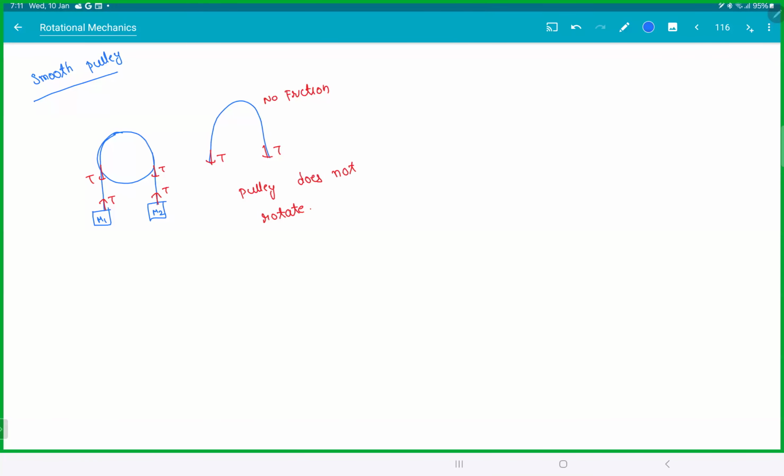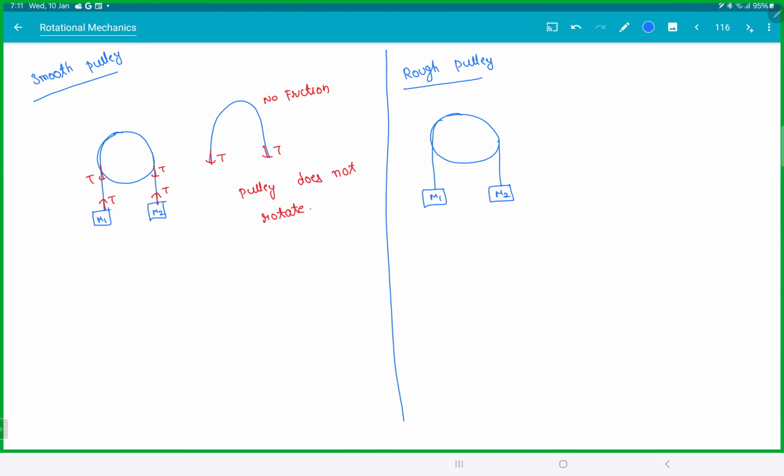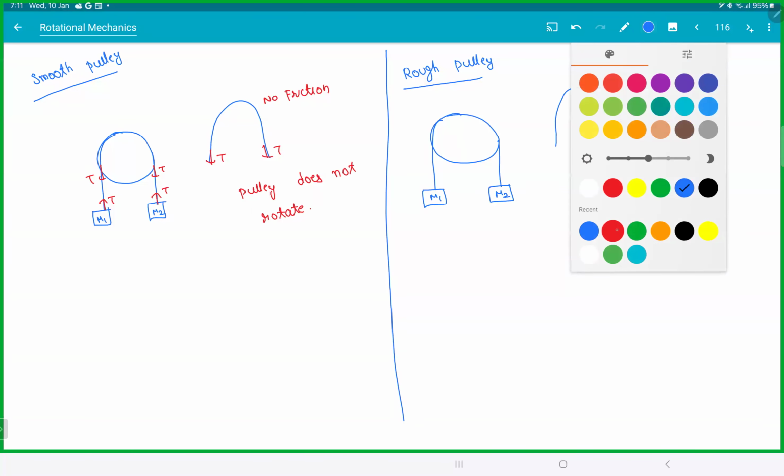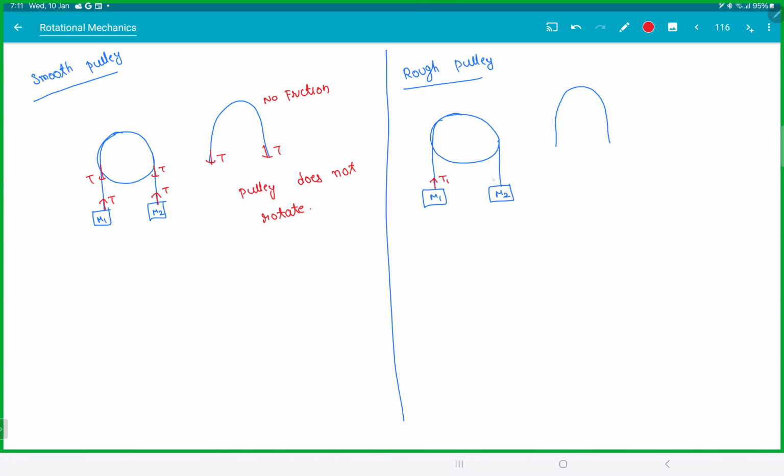But if you have a rough pulley, the difference is the tension will be different on both the sides, T1 and T2.